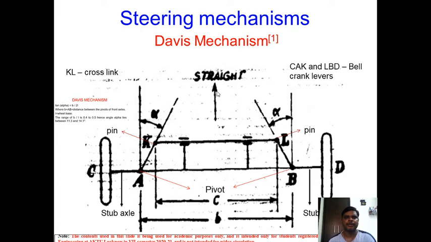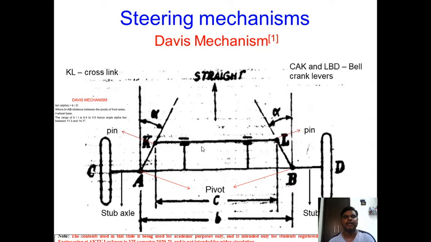Say. So KL, where K and L form a cross link, and we can see that the cross link KL is lying parallel to the link AB. These two links are parallel to each other. This cross link KL will be sliding inside this system, that is the bearing. It will not deviate from its straight ahead path, it will only slide.